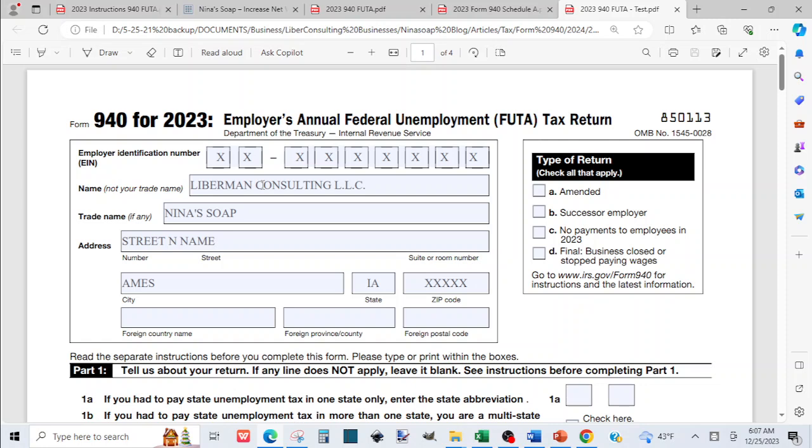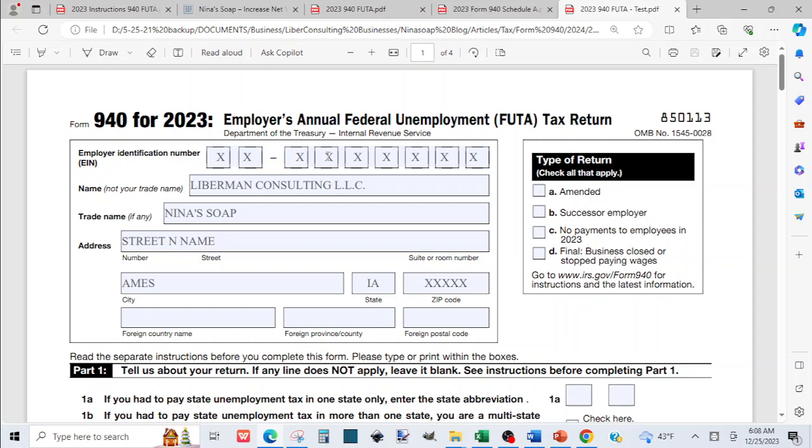If you are a single member LLC that files Schedule C, it will be the business name and the business EIN number, not the owner's name or owner's SSN or owner's EIN, but the business legal name and the business EIN.